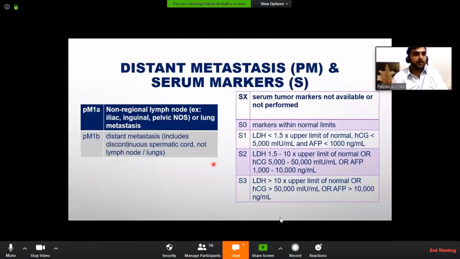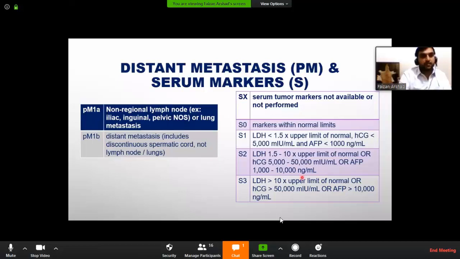Then distant mets and serum markers. M1a is non-regional lymph node or lung mets, and M1b is other distant mets.